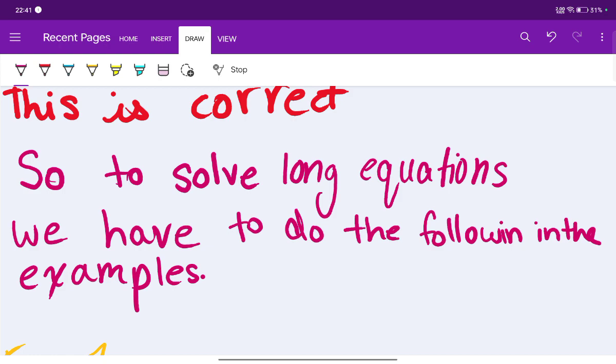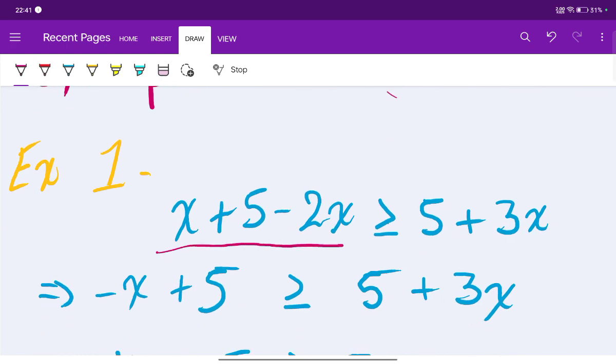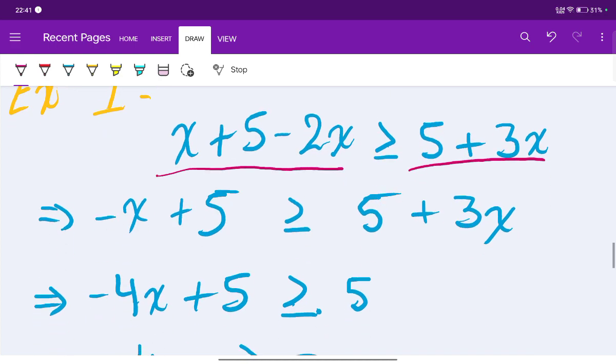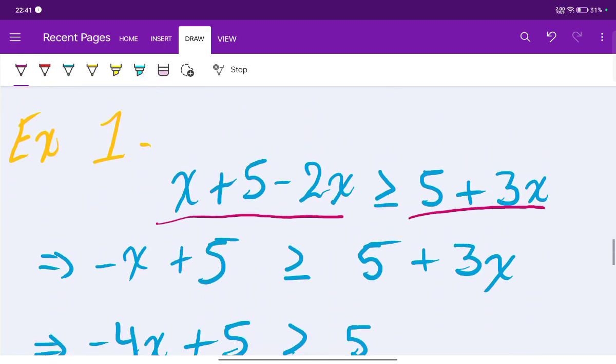So to solve longer inequalities, we have to do the following. First example: x plus 5 minus 2x is more than or equal to 5 plus 3x. So first we have to simplify it.